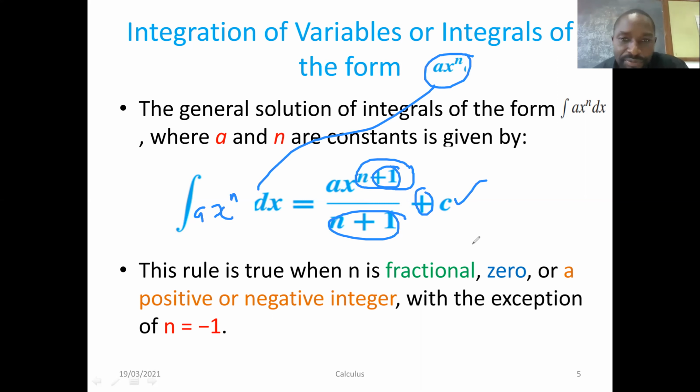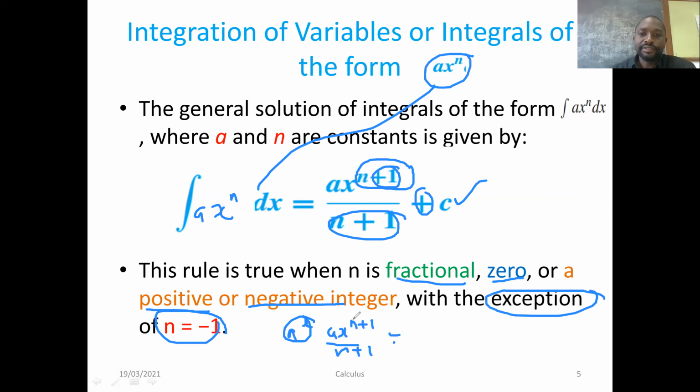So this rule is true when n is a fractional value, or it's 0, or a positive or negative integer. But we have one exception, when n is equal to -1. Imagine a case where n is equal to -1.